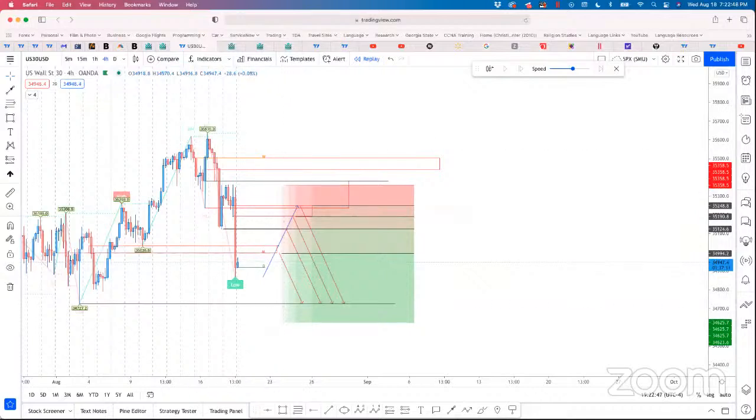So how do you use a mental stop loss? I think I explained it when going over that NAS trade from earlier.